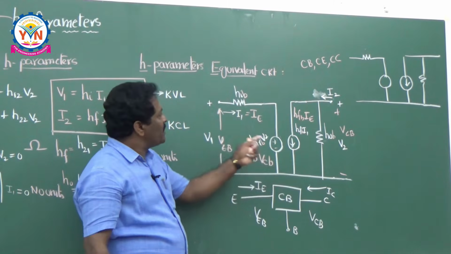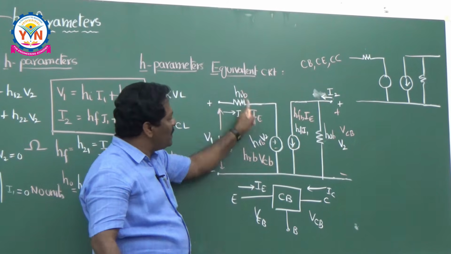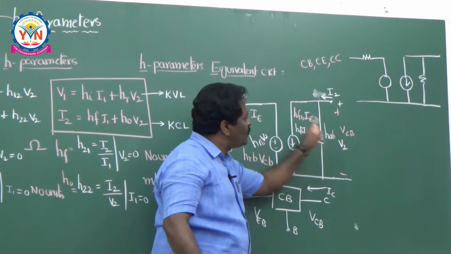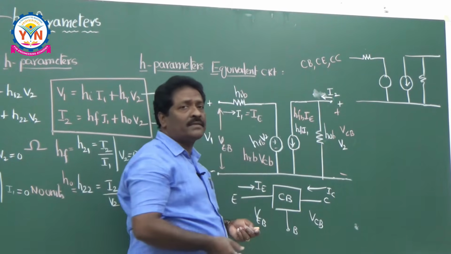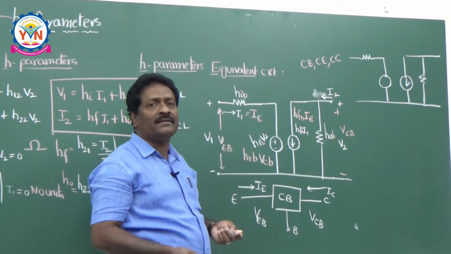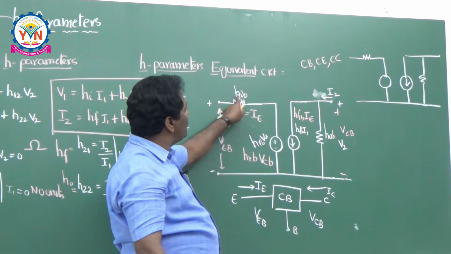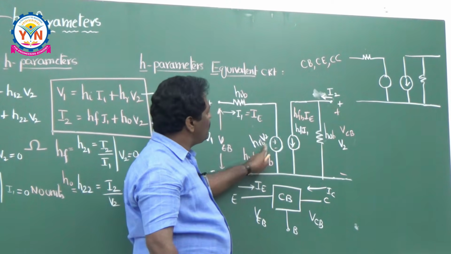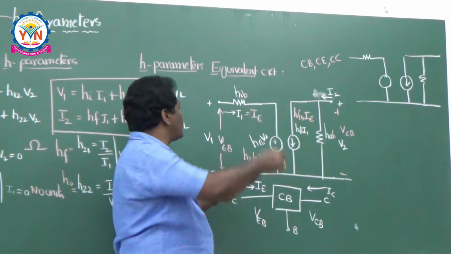This is the way of converting your generalized circuit for any configuration. Very simple. Just add one subscript for the other configurations: HIB, HRB, HFB and HOB. And you can mark your input voltage and input current for this. Then it becomes common base configuration. For common emitter, what happens? For common emitter it is HIE, HRE, HFE, HOE. What is the input voltage for this common emitter?